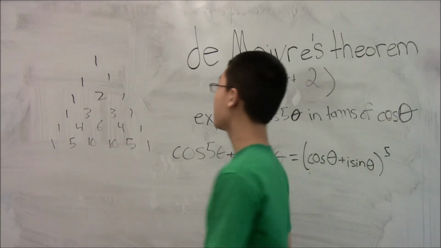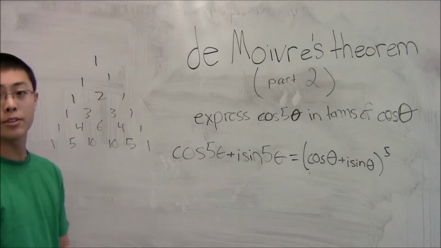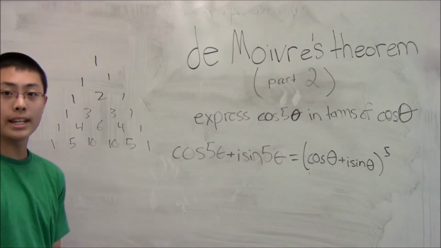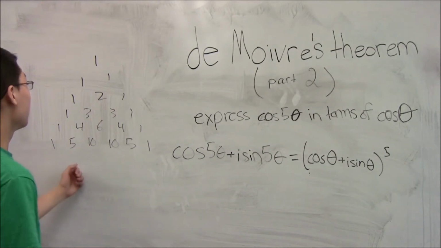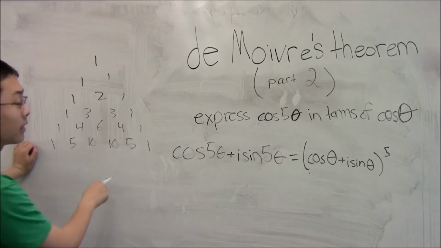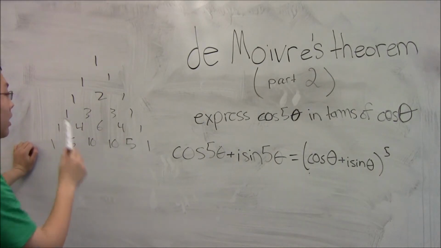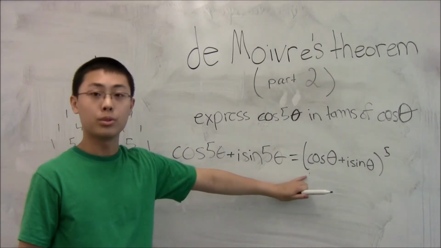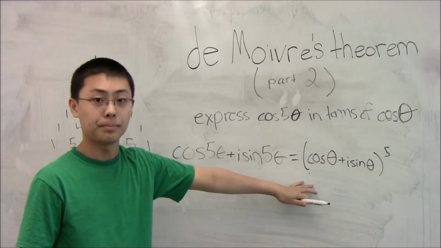But a fancy property of Pascal's triangle, if you're more interested in this, you can just look up Pascal's triangle. There are so many interesting patterns and relationships with Pascal's triangle. This line here, these are the coefficients of the expression when you expand this thing.